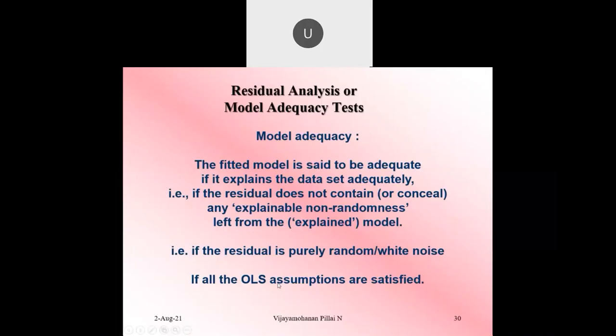So once we have estimated an OLS model, remember, ordinary least squares model, then we have to see that all the OLS assumptions are satisfied, only then is our model adequate. Only if our model is adequate can we go for hypothesis testing and after that for forecasting. If the model is not adequate, then it is a useless model. We cannot use that.